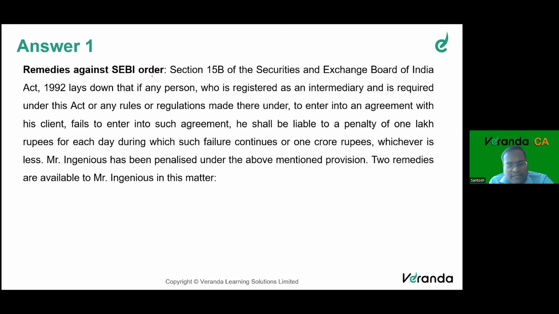So the first thing is, the options of remedies are given under section 15B of the SEBI Act. It gives clearly the ways and means in which you can get remedies, and it also talks about the penalty that is given under this particular section. What is the penalty?